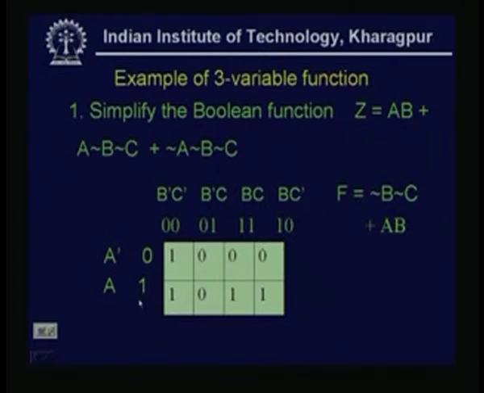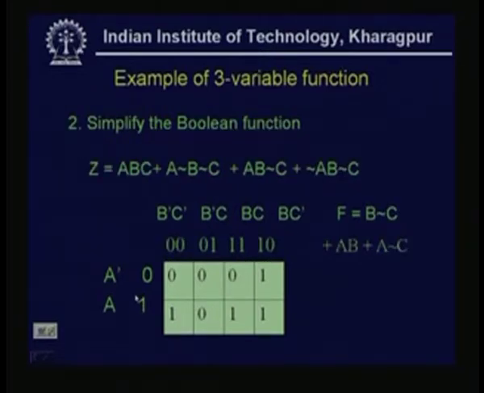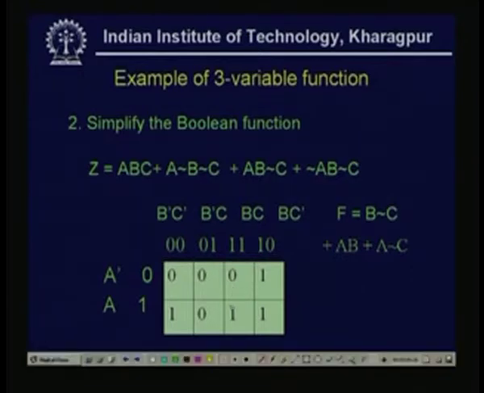The second example, the second question of the quiz, was a 3 variable function, and the function is given here. Again, the same way, because all the min terms consist of the 3 variables, we will immediately put the ones for each min term and try to find the couples.